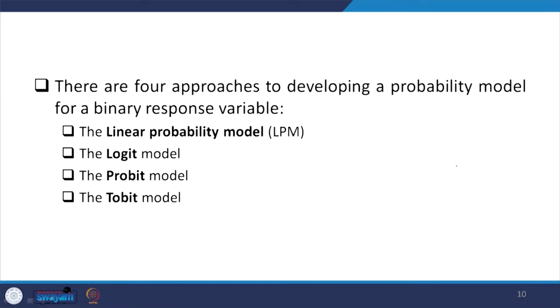There are 4 approaches to developing a probability model for a binary response variable. When the binary response variable is there, we have broadly 4 models, and we are going to discuss these in our successive lectures.